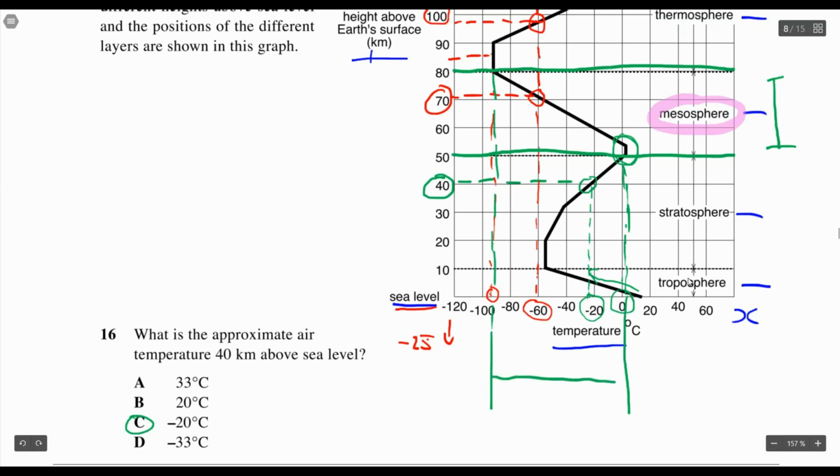This bottom line that I'm drawing represents the variance in temperature in the mesosphere. So in the mesosphere, the highest temperature would be around 0 degrees Celsius, and the lowest temperature would be around, I'd say, maybe minus 90 degrees Celsius. This is what you actually have to use to solve the answer. So we can safely say it would be minus 90 degrees Celsius.